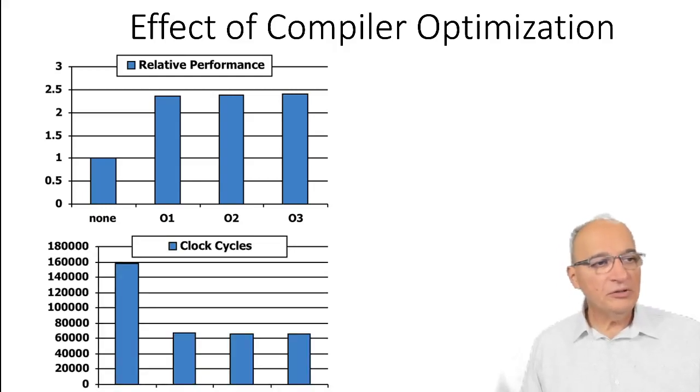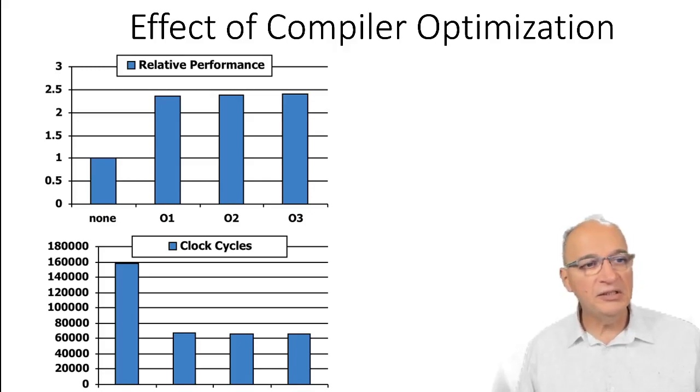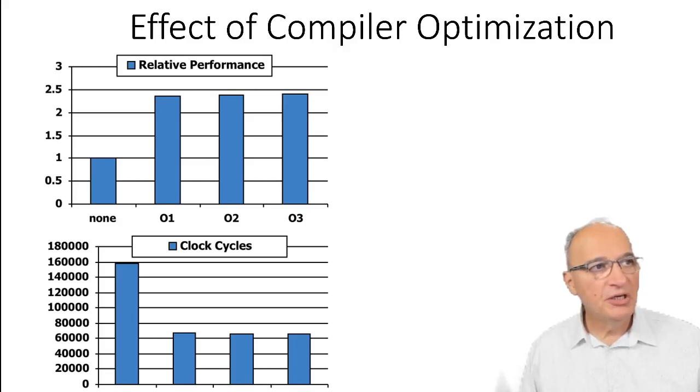Now, if we look at those three versions and we look at the number of clock cycles that are needed to execute the algorithm, the numbers are consistent with performance, because performance is measured in time, the relative performance is measured in time, and you can see that the number of clock cycles reduces pretty much in the same proportion as the performance increases.